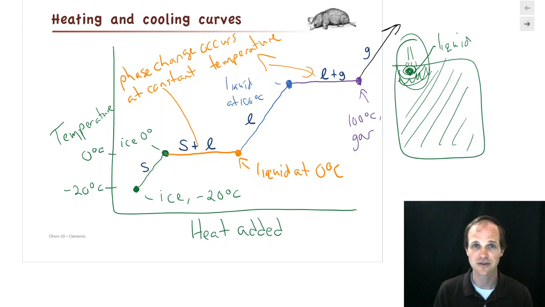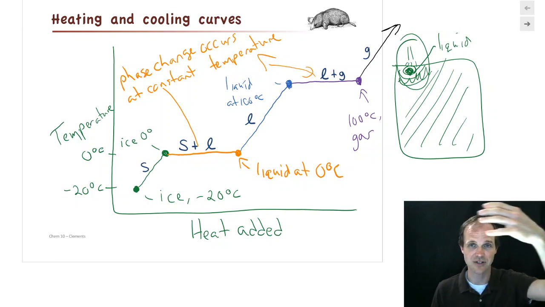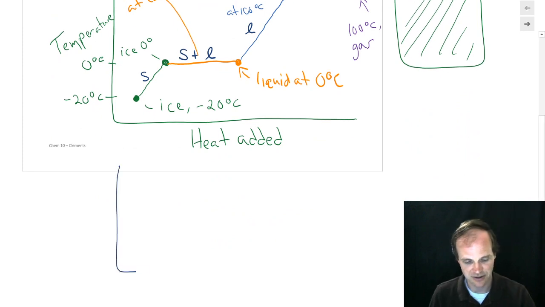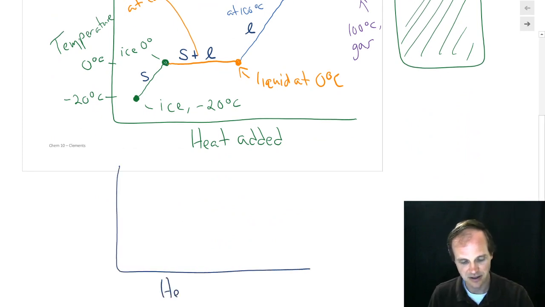What's a cooling curve? Well, a cooling curve is exactly the same thing as a heating curve, but instead of adding heat, we're going to take away heat. So we're going to start with something that's already got a lot of energy, and we're going to take away that energy. I'm not going to spend near as much time on cooling curves, but it would look something like this.